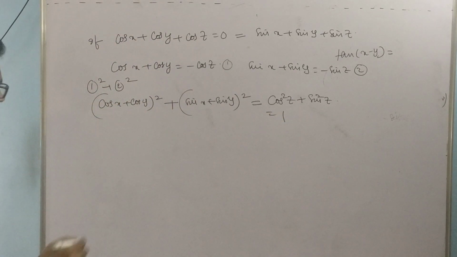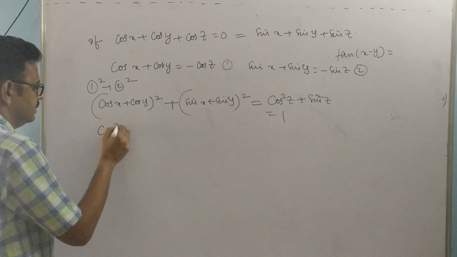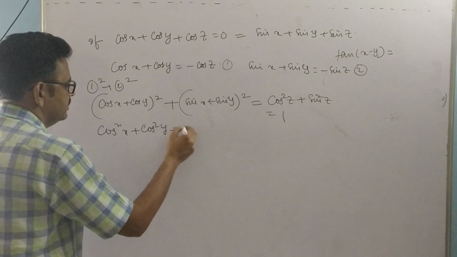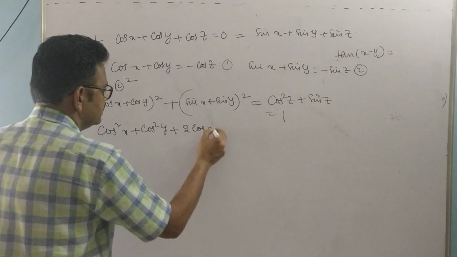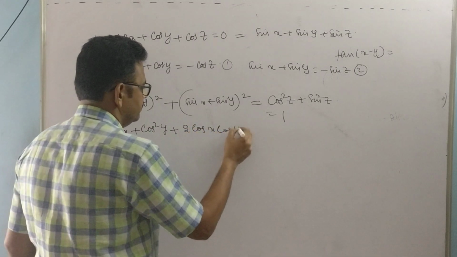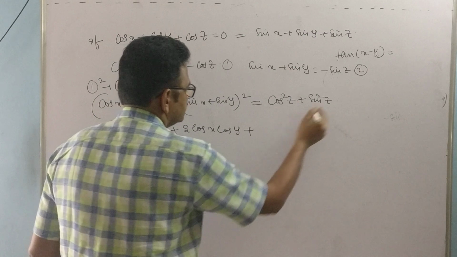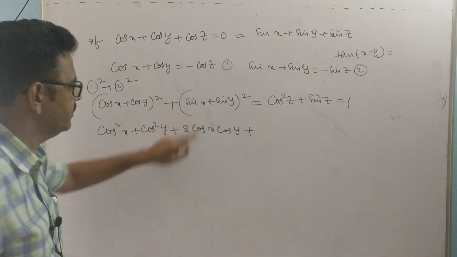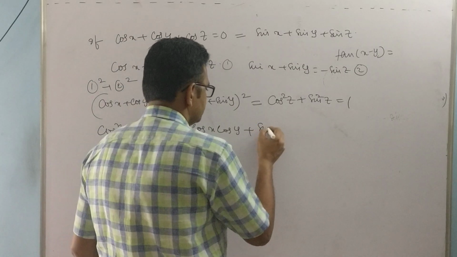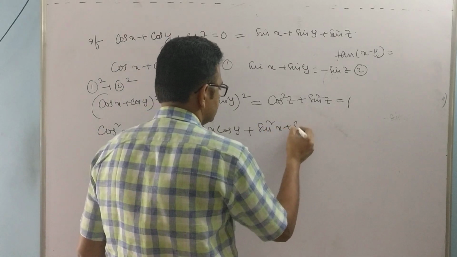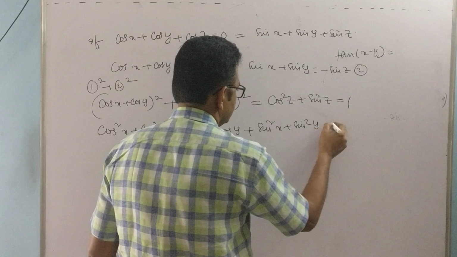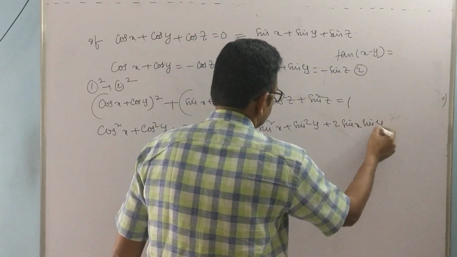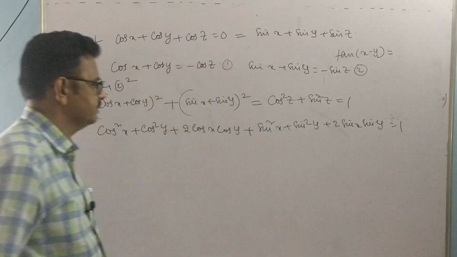Now this is cos square x plus cos square y plus 2 cos x into cos y, plus this is also a plus b whole square form, sin square x plus sin square y plus 2 sin x into sin y, is equal to 1.